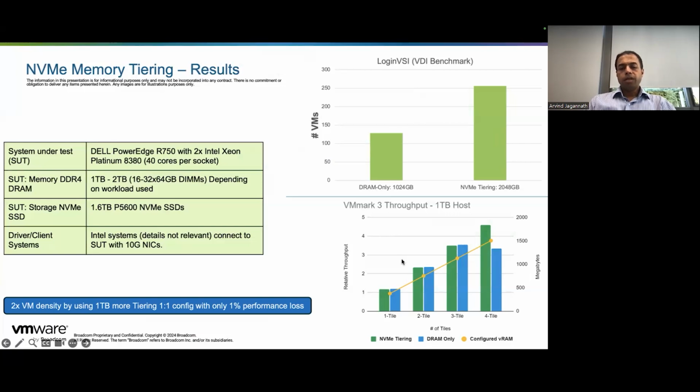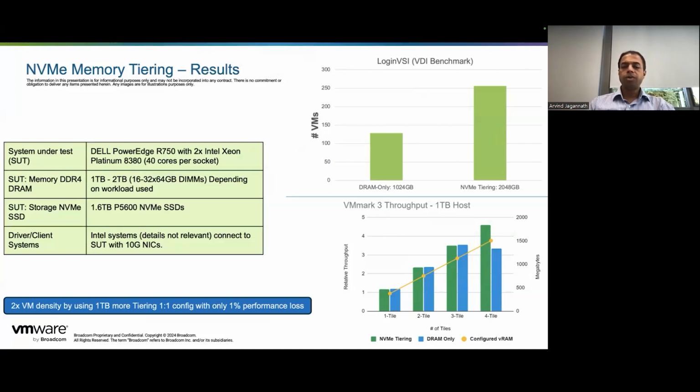And similarly, we have another benchmark that we ran. It's the VMmark benchmark. This is again a VMware specific benchmark that a lot of our partners use. And what we have been able to demonstrate is scaling of VMmark bundles. Basically, each tile is a bundle of workloads.